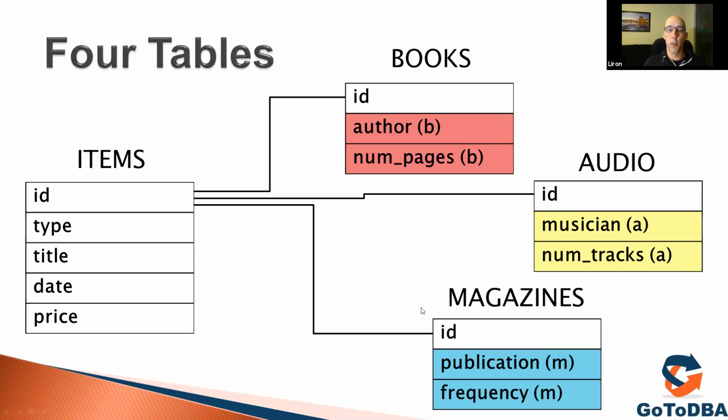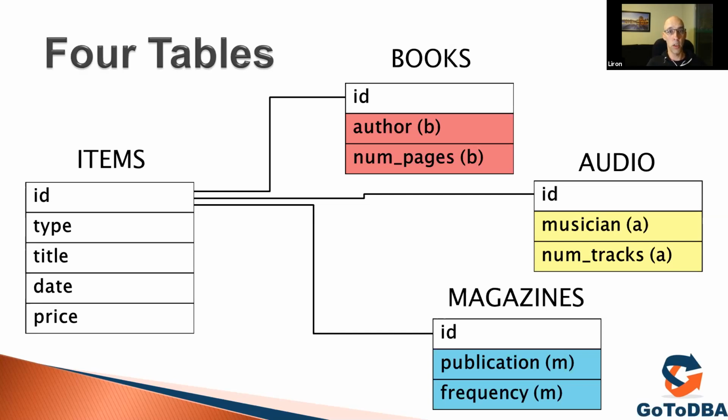The 4-table solution is the normalization, a very classic OLTP, a very classic relational database design. I'm having an entity called item, which has ID, type, title, date, and price, all the common columns. And then I have sub or different entities.